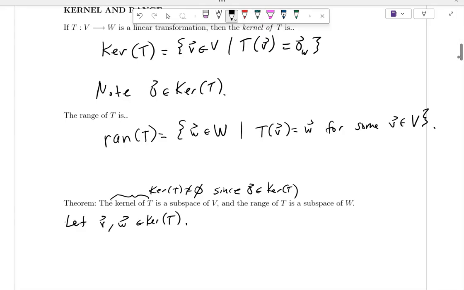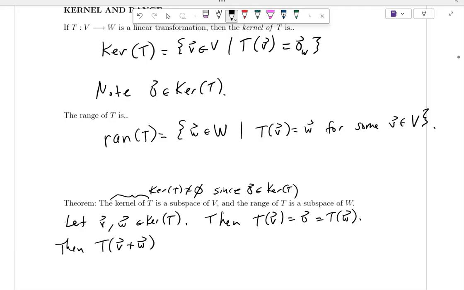How do you get in the kernel? Good. The transformation is equal to 0. We need to show that it's closed under addition. So we need to show that V plus W is back in the kernel. How do I show that something is in the kernel? What does it mean to be in the kernel?